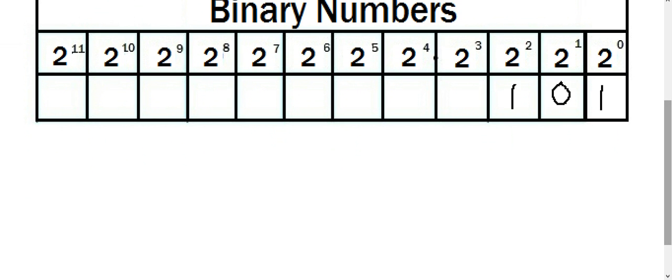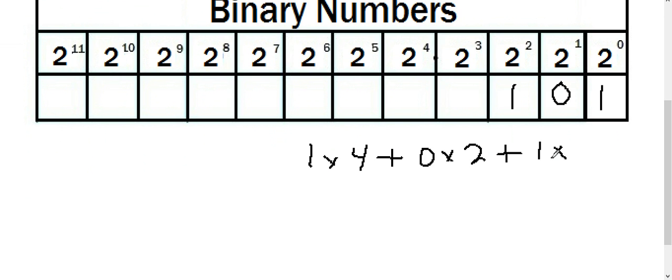And if we write this out in expanded notation again, we would have 1 times 4 plus 0 times 2 plus 1 times 1. That equals 5.